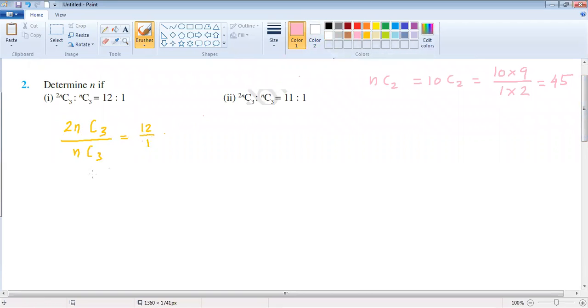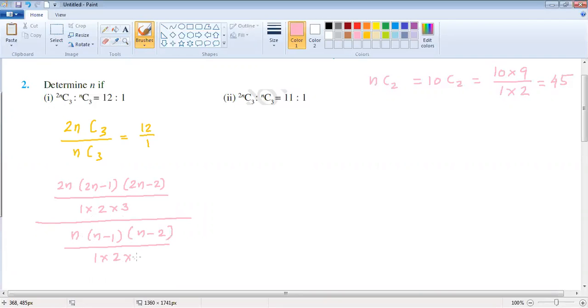As I told you, 2nC3, either you can use the formula, otherwise start from 2n, move 3 units back, 2n into 2n minus 1 into 2n minus 2 divided by 1, start from 1, move 3 units forward, 1 into 2 into 3, divided by nC3. Start from n into n minus 1 into n minus 2 divided by 1 into 2 into 3, which is equal to 12.